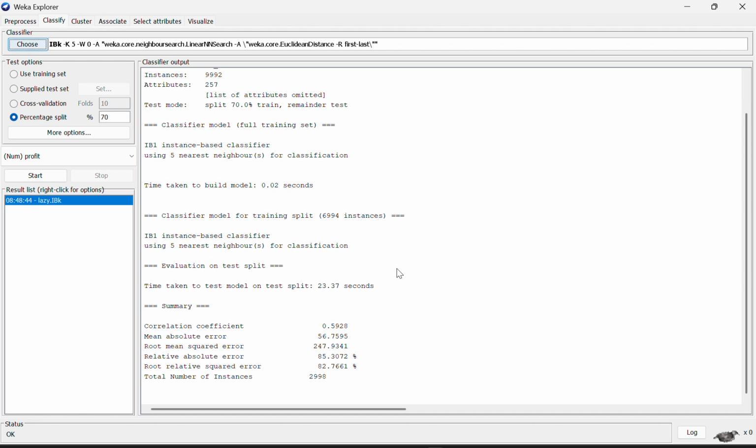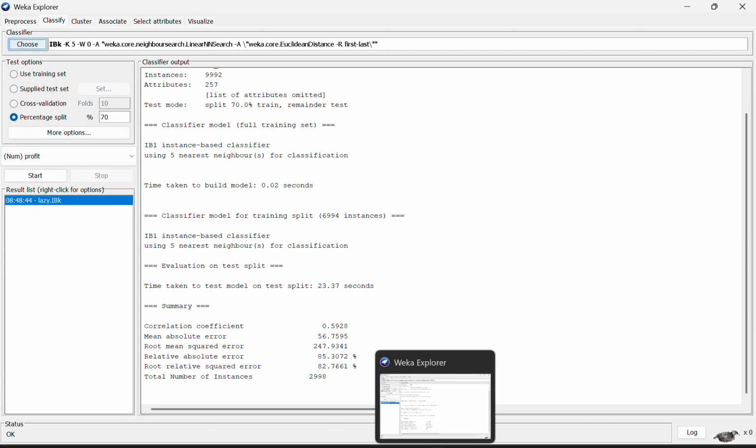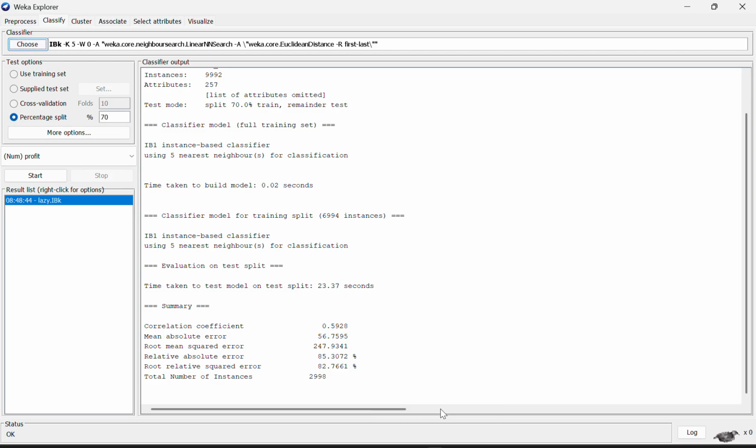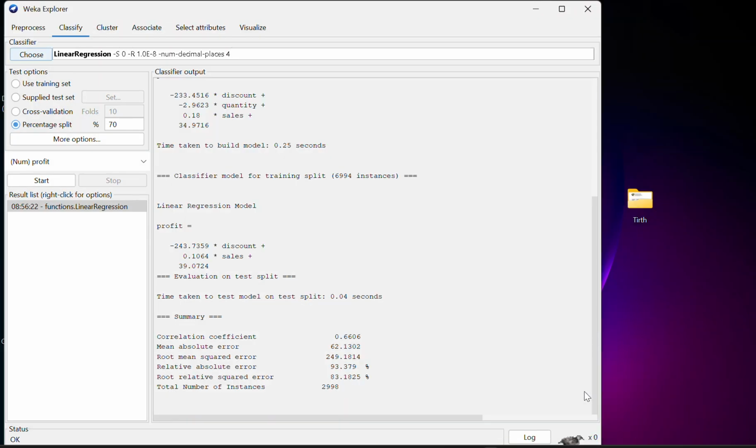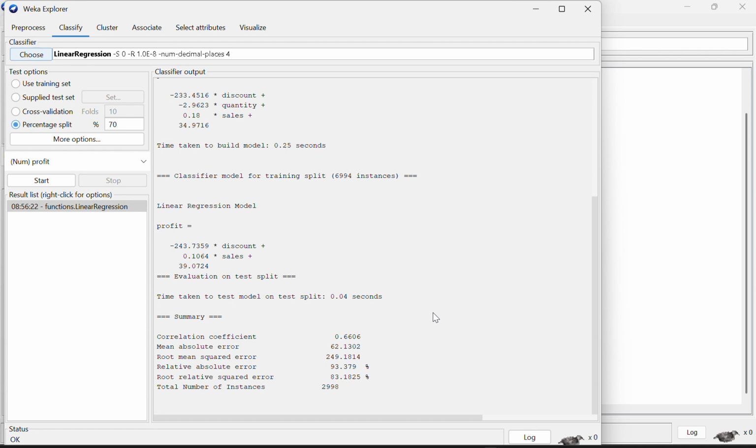As for practical applications and recommendations, KNN can be used for real-time decisions such as price adjustment and inventory control, and it works well for typical transactions. Linear regression is for strategic planning.